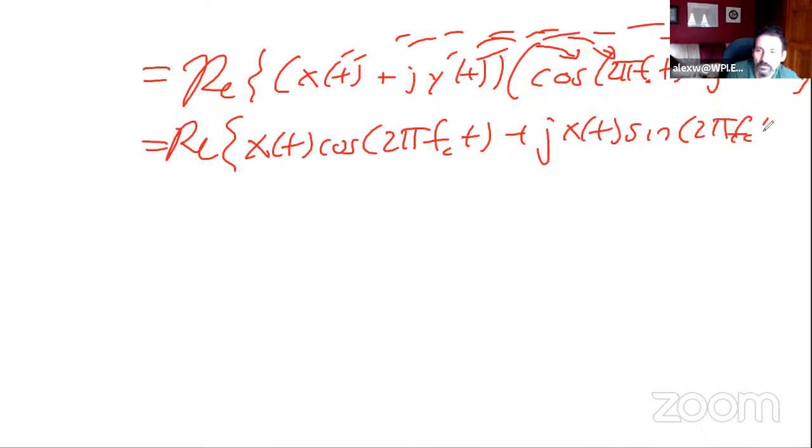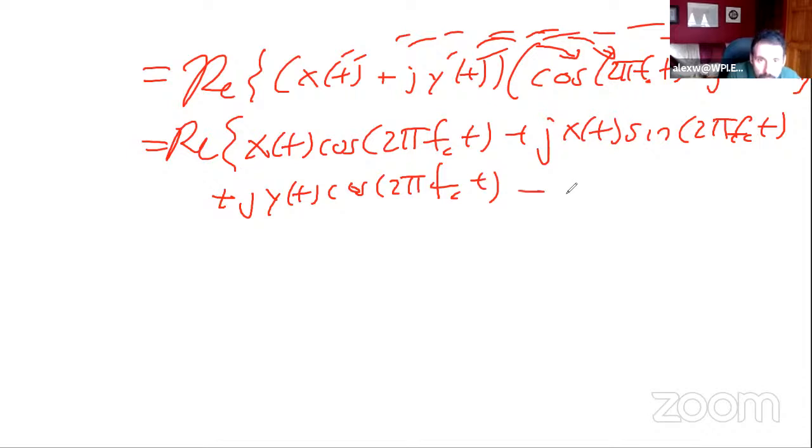Yep, because it's j times j, so it's -1.